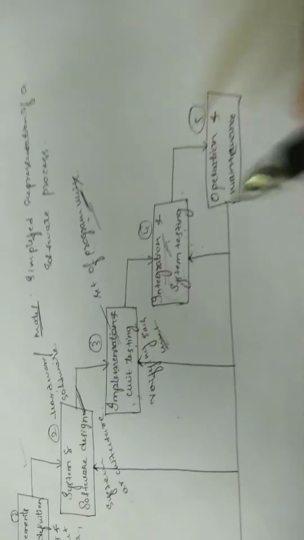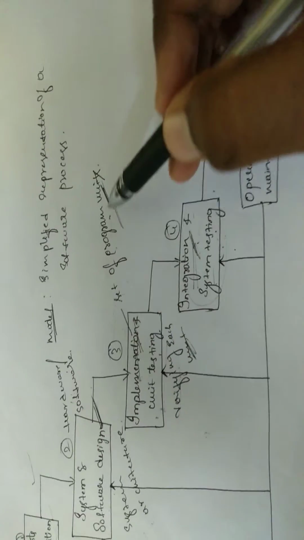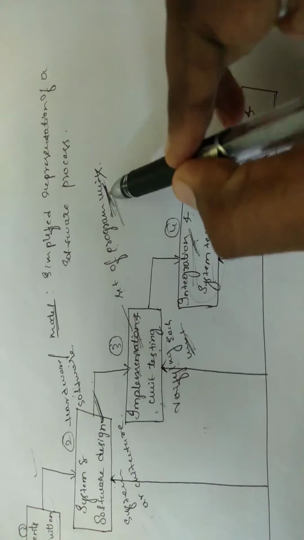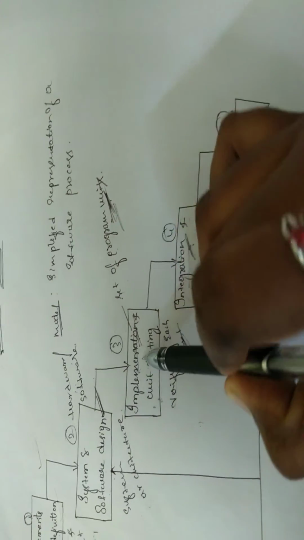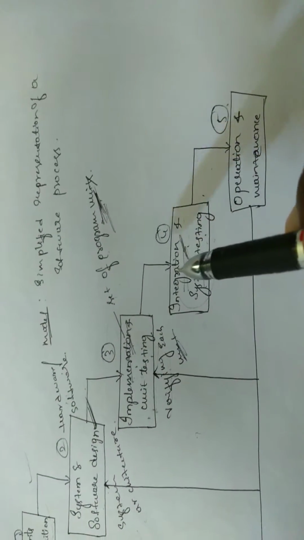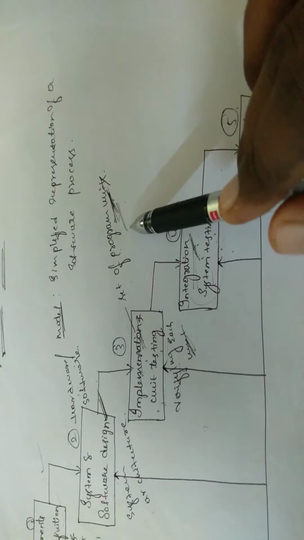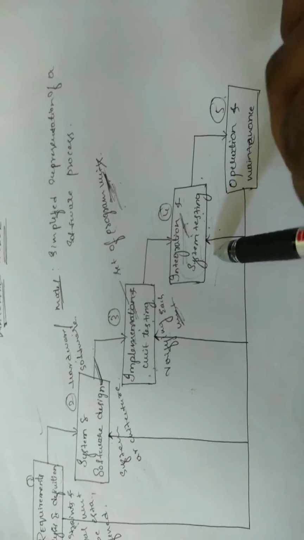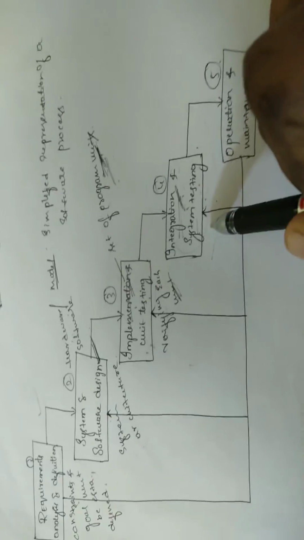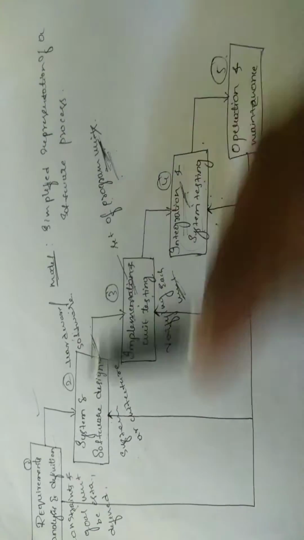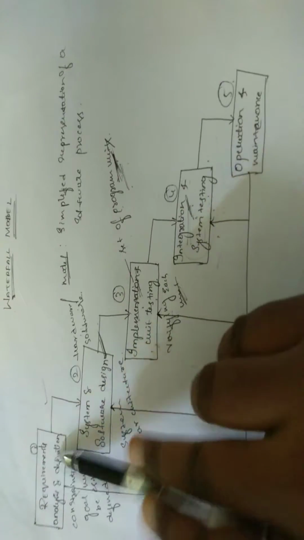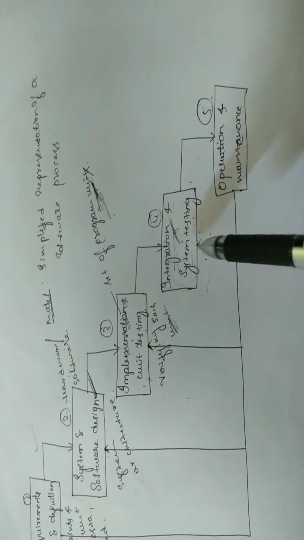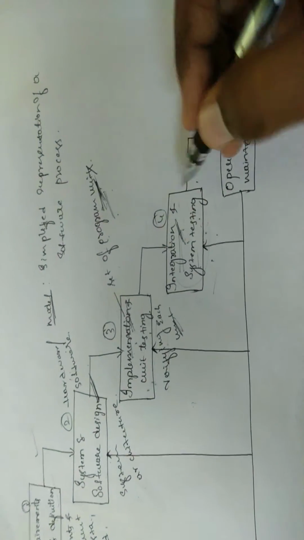Integration means we integrate all those unit programs and test them as a whole program, which the client has given you in the requirement stages. After testing, the system is delivered to the customer.